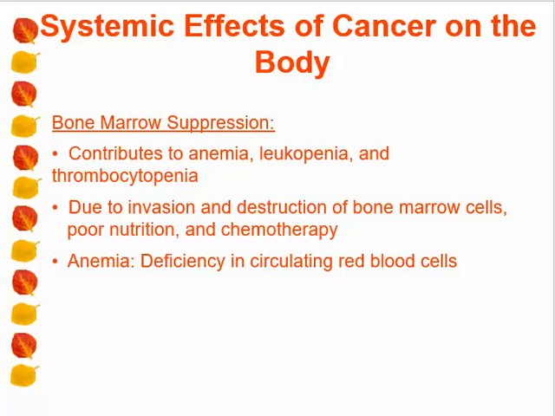The chemicals that cause erythropoiesis and leukopoiesis and thrombocytes are disrupted, and you end up with anemia, leukopenia, and thrombocytopenia. So anemia is a lack of red blood cells, leukopenia is a lack of white, thrombocytopenia is a lack of platelets.